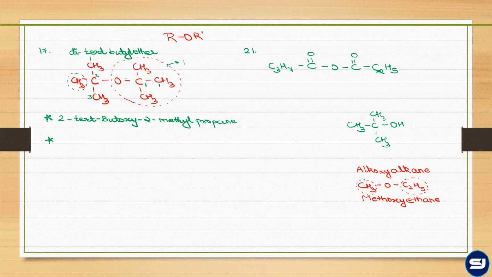You were supposed to name tert butoxy. 1,1 dimethyl तो दोनों में कॉमन रहेगा, but now the ethyl should change to ethoxy, because it's bonded with oxygen, na? So 1,1 dimethyl ethyl would be the IUPAC of tert butyl, but tert butoxy के लिए 1,1 dimethyl ethoxy.